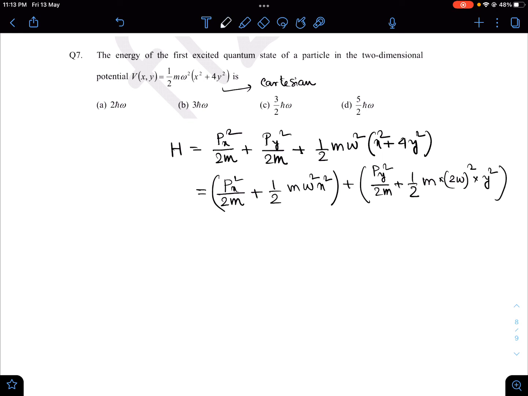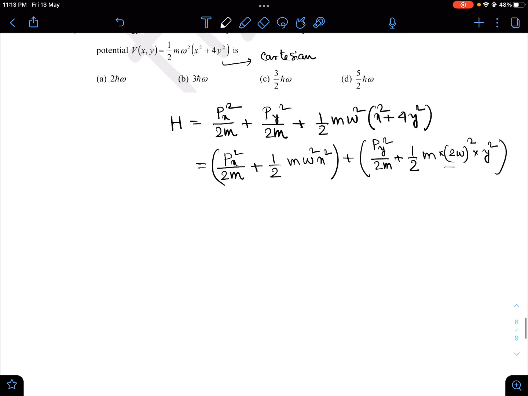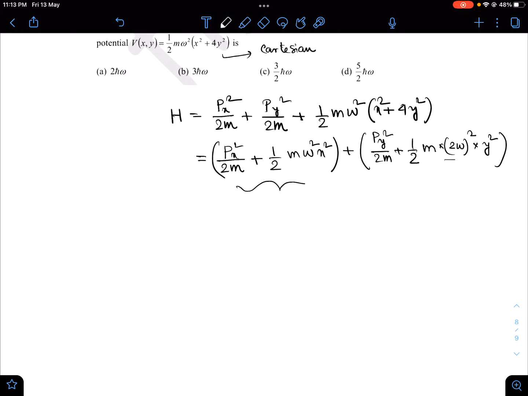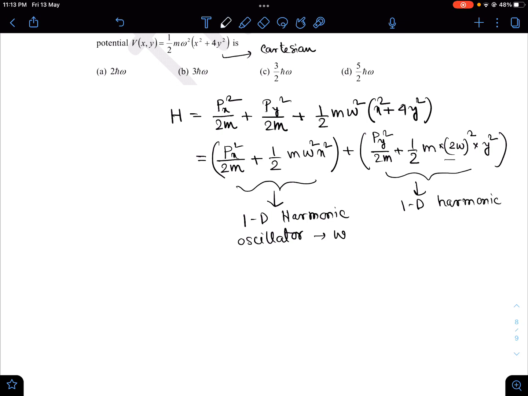Why am I writing this as 2 omega? You can now see clearly. This is a 1D harmonic oscillator potential, and it has frequency omega, and this is also a 1D harmonic oscillator, but it has natural frequency 2 omega.